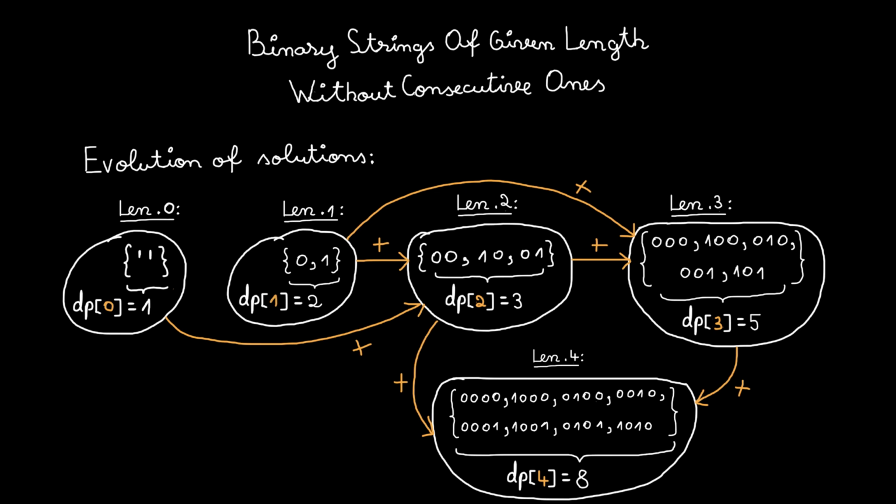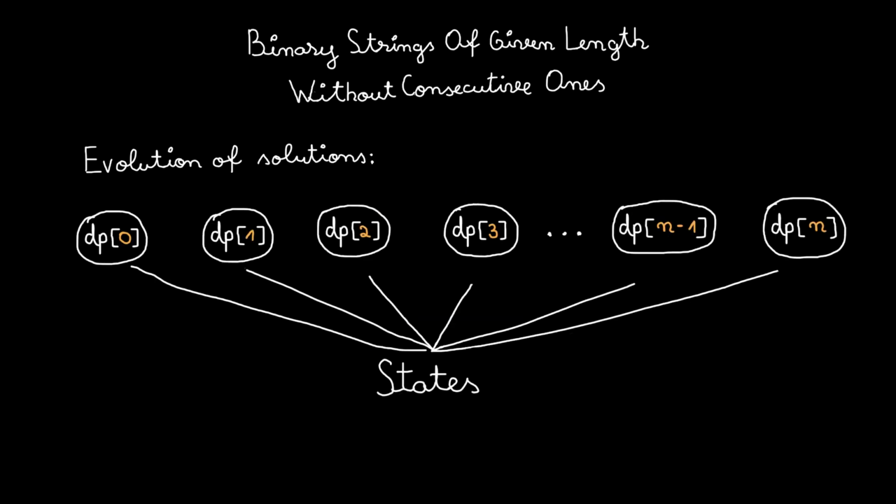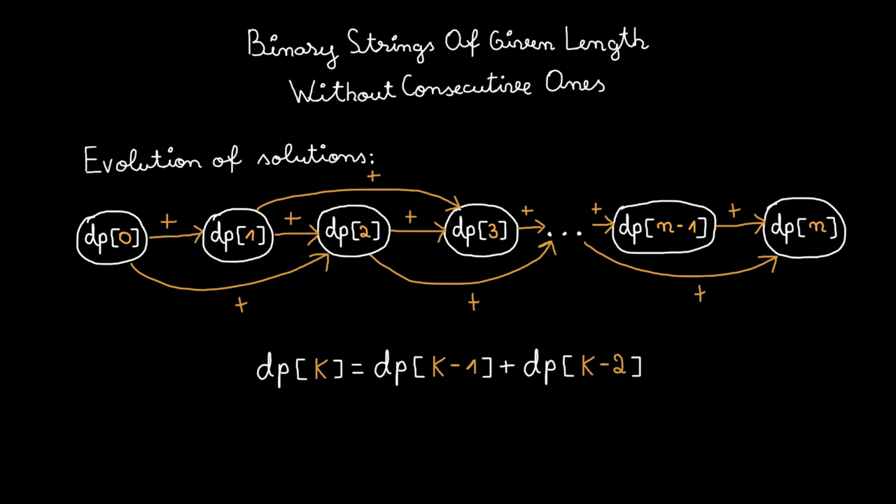Remember, you can imagine these dp's as the nodes of some graph. In theory, we call them states. The edges of this graph represent how each dp depends on others. An edge starting from some node and ending in another node means that the value of the second one depends on the value of the first one.